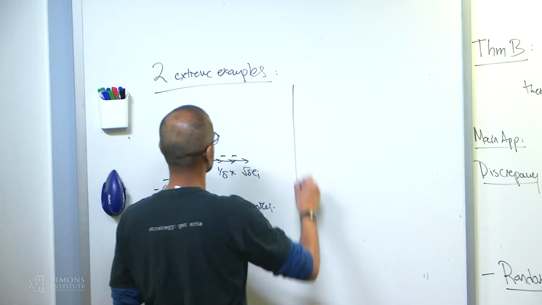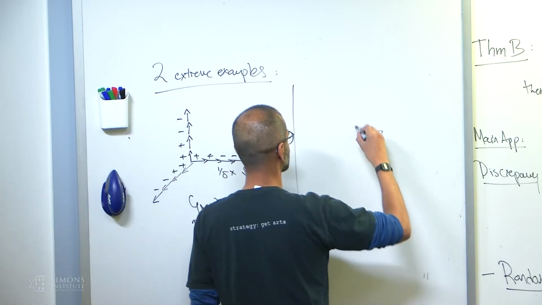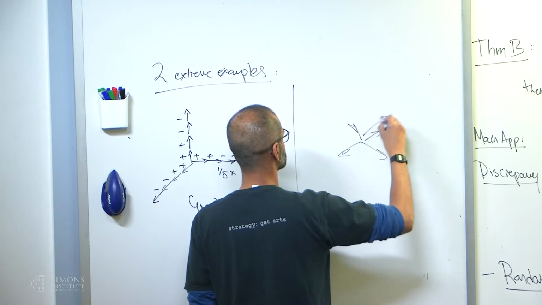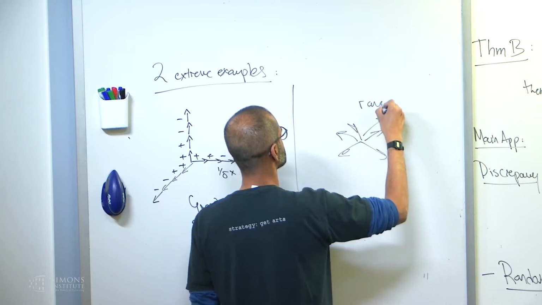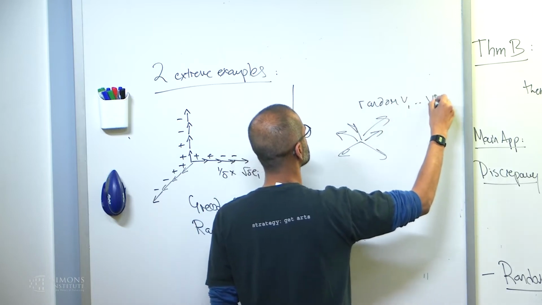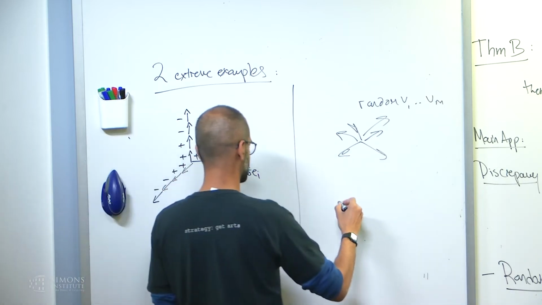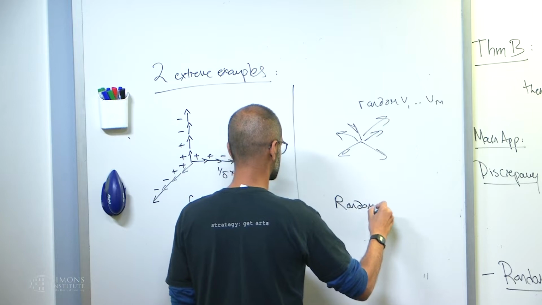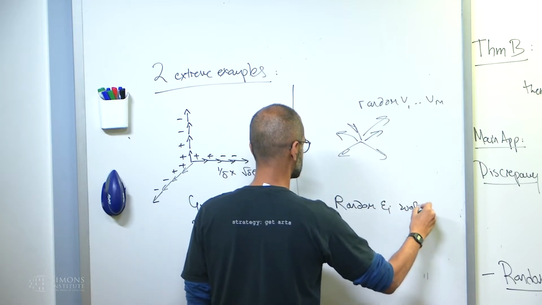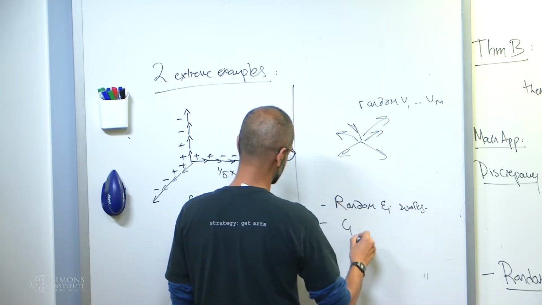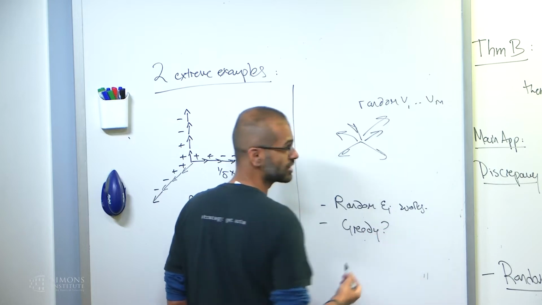On the other hand, there's a very different type of example where the vectors are just random. And on this example, it's easy to prove that random works using some random matrix theory. And greedy, I have no idea how to analyze it, right?